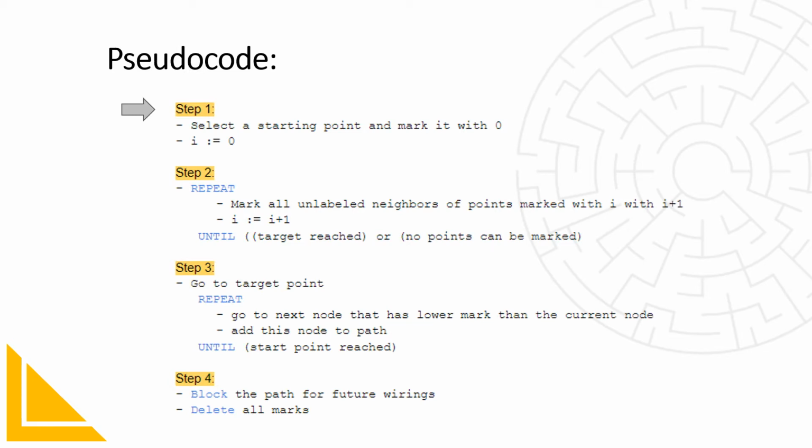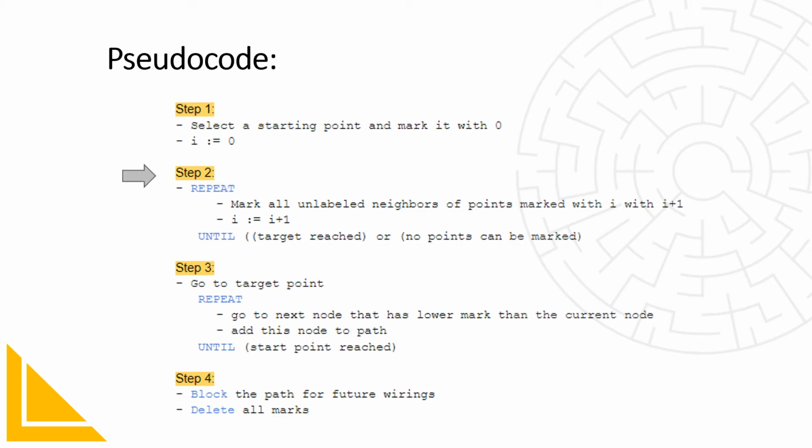Here is the pseudocode for Lee's algorithm. First, we initialize the starting point with 0. Then, the next step is where the propagation happens. We mark unlabeled neighbors with 1 and repeat it by adding 1 to the neighbors of the previously labeled mark until we reach our target, or there are no more points to be marked.